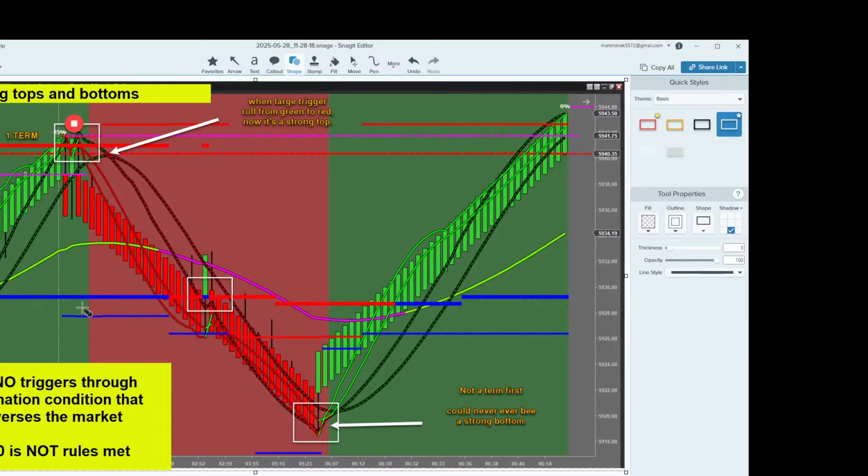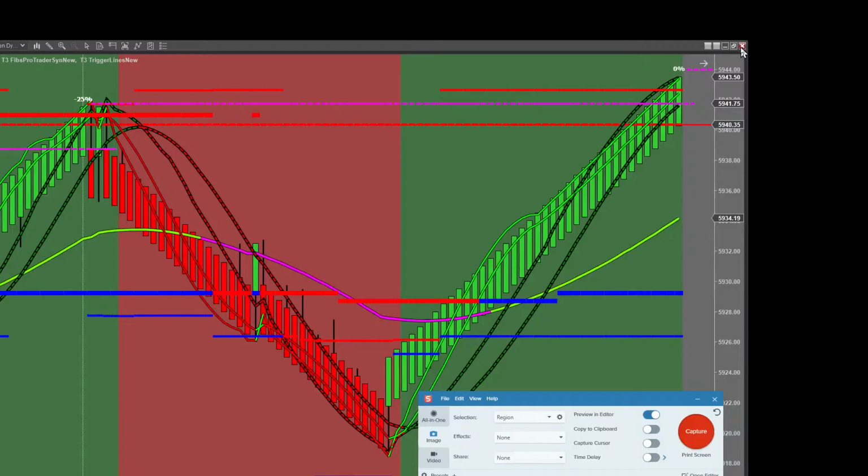If I say the definition out loud, strong triggers are a separation between the small and large, and this doesn't fit the description, so I know that they're not strong. A strong top or bottom is first a termination. This doesn't fit the description, so I know it's not a strong top or bottom. So there's your very basic rules. I also dropped a little print out there about it, and this is for the new users.